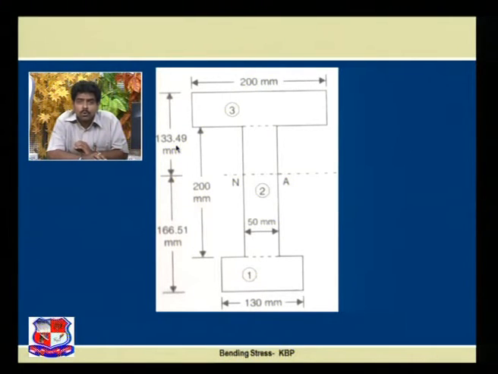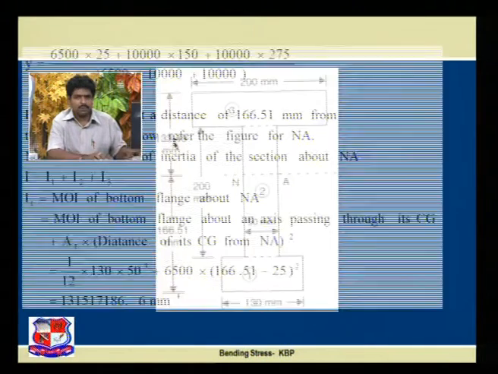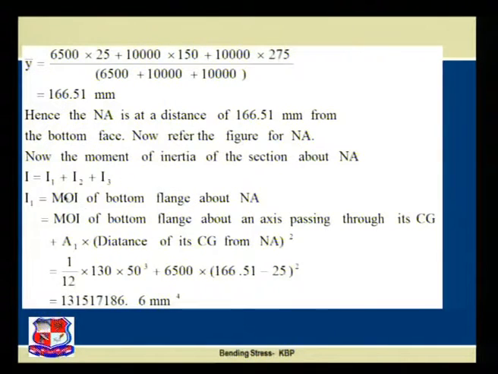Now we have to use this value to find the value of I. See over here. Now I is equal to I1 plus I2 plus I3. What is I1? Moment of inertia of the bottom flange about the neutral axis.